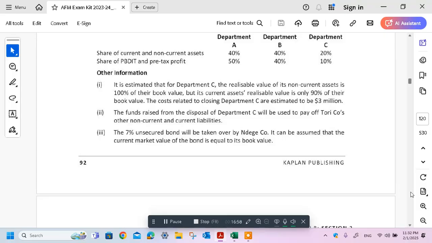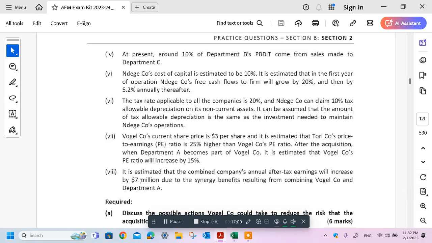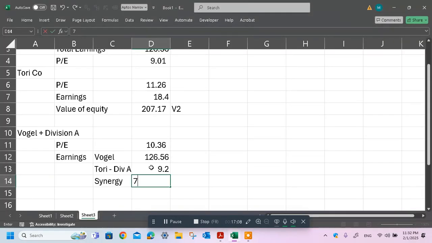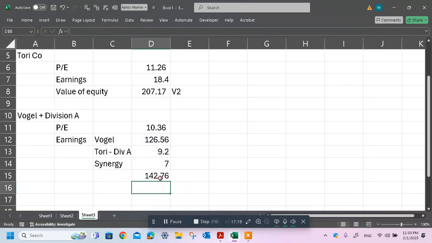Synergy benefits were given in the last point. It is estimated that combined companies' annual after-tax earnings will increase by 7 million due to the synergy benefits. So synergy benefits 7 after tax. So total earnings, this plus this plus this. I got the total earnings. I got the PE ratio.